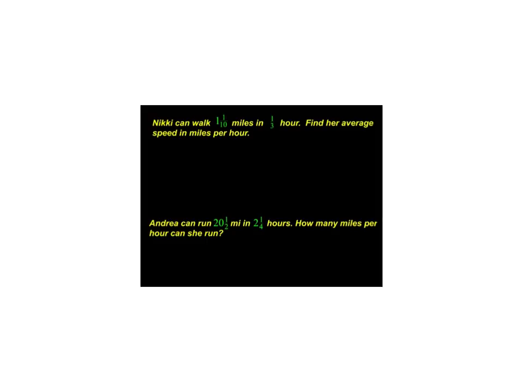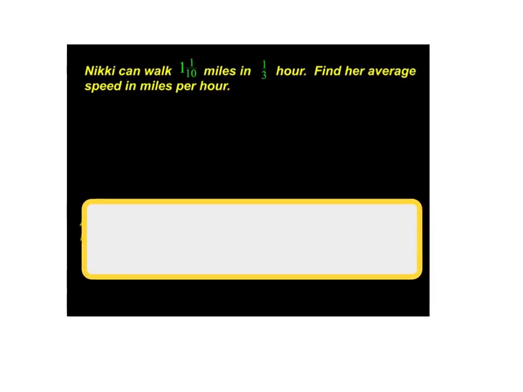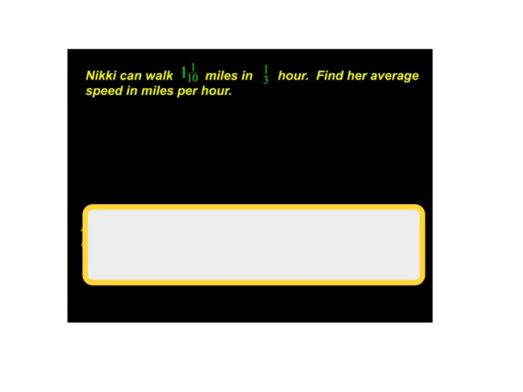All right, and we will finish with these last two problems. Let's blow these up a little. Nikki can walk 1 1/10 miles in 1/3 hour. Find her average speed in miles per hour. So what goes in the denominator? The hour value. We've got 1 1/10 miles over 1/3 hour.